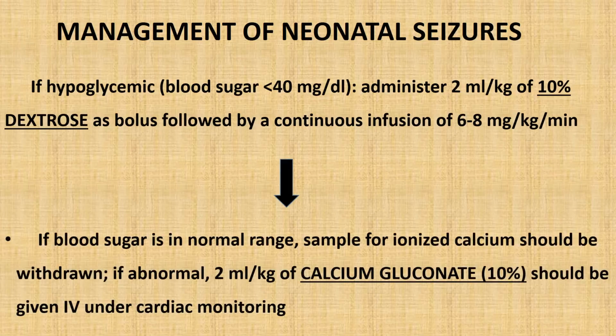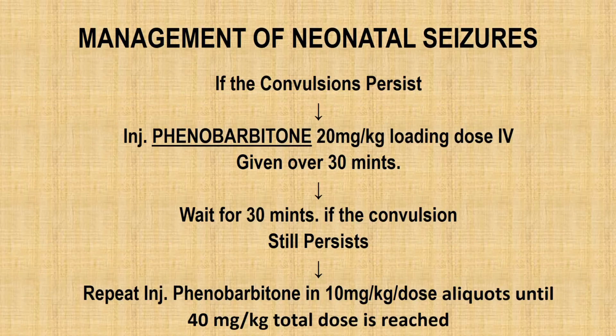If blood sugar is in normal range, then a sample for ionized calcium should be withdrawn, and if it is abnormal, less than 7 milligram per dl, then 2 ml per kg of calcium gluconate should be given IV under continuous cardiac monitoring. It is a stat dose, then 2 ml per kg 6 hourly will be continued for the next 2 days if the calcium level is low, less than 7 milligram per dl.